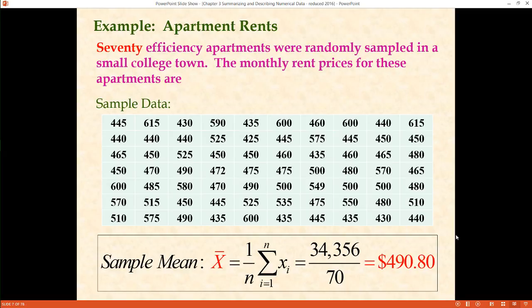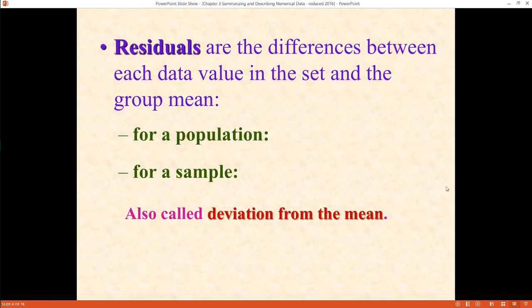So the average rent on an efficiency apartment in this town is $490.80. Not bad. Must be old data, like most of my data. So that's the sample mean, right? I'm just applying the formula. Later we'll do it in Excel, but for now we'll just go with that.